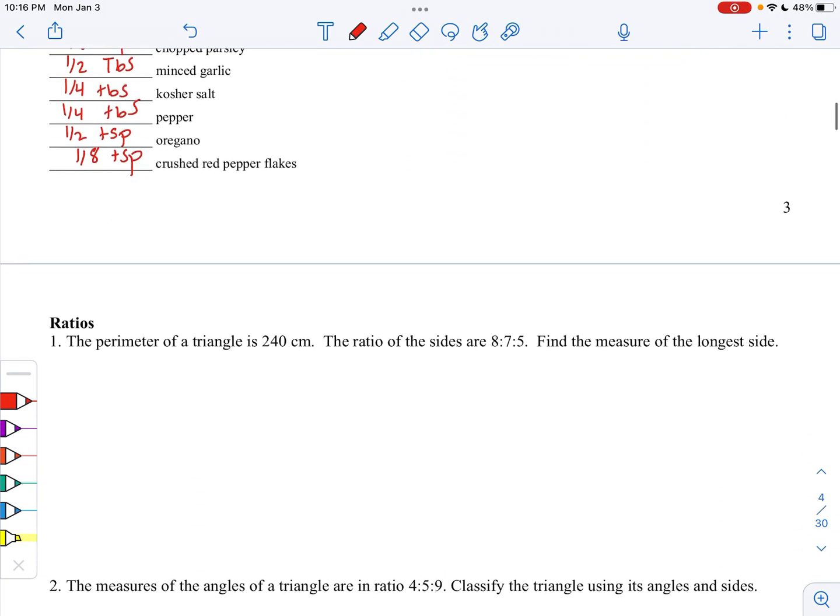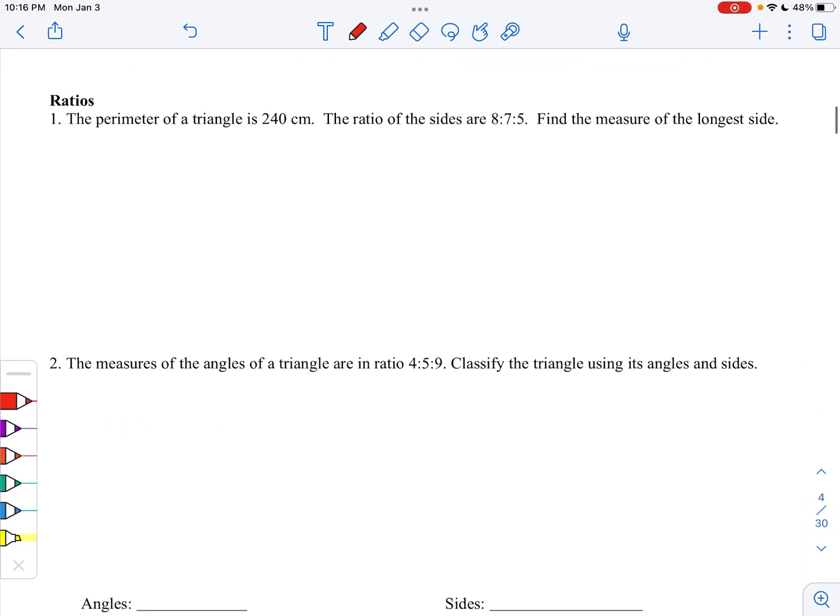So similar to that idea, let's say that we know the perimeter of a triangle is 240 centimeters. Now we know the ratio of the sides are 8 to 7 to 5. So let's just say I'm picturing my triangle to look like this, but the length of each side isn't 8, 7, and 5, or else it wouldn't add up to 240.